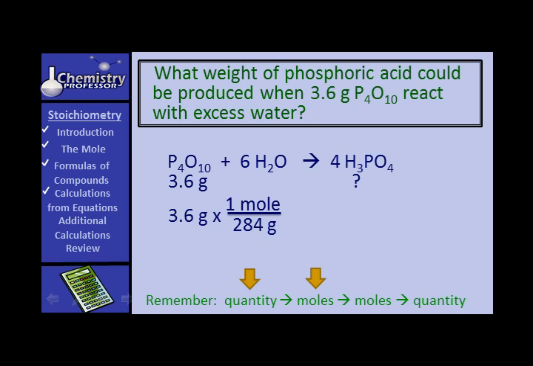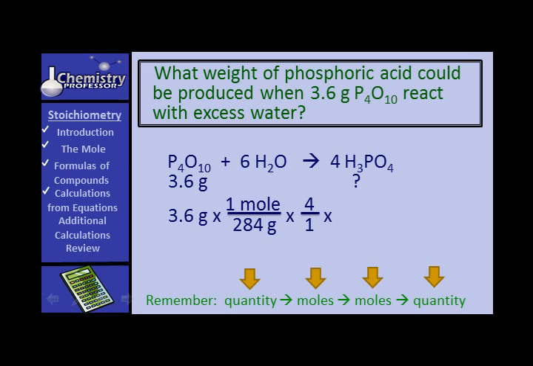Now we are at moles of what we started with, or moles of what we're given. Now let's get to moles of what we're looking for. Do you remember how to do that? Sure. That is the stoichiometric ratio of 4 to 1. 4 phosphoric acids to 1 P4O10. So we're at moles now of what we're looking for.